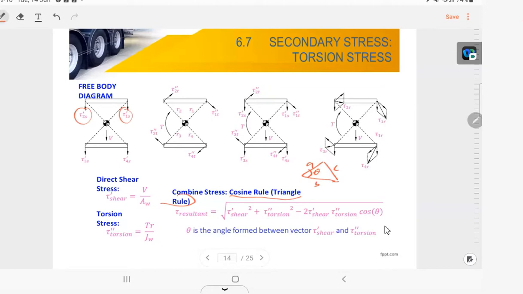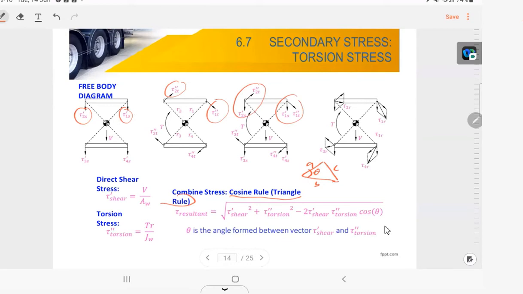single prime, the direct shear stress, and then the one is torsion. Okay. Then we put together single prime and double prime, because for torsion we need to have the direction of the torsion. Okay, direction of the torsion.